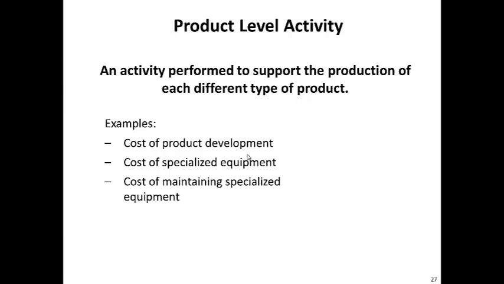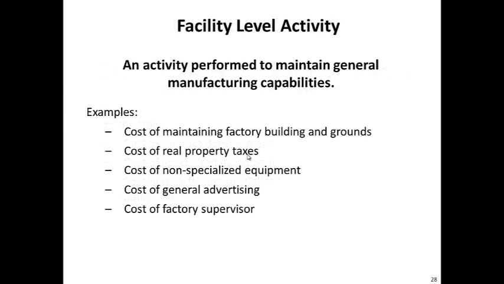The last level is facility level activity, the activity performed to maintain general manufacturing capabilities at the facility level. Examples would be the cost of maintaining the factory building and grounds, the cost of the real property where the factory is built, the cost of non-specialized equipment that services all products, the cost of general advertising, and the cost of a factory supervisor or supervisors.